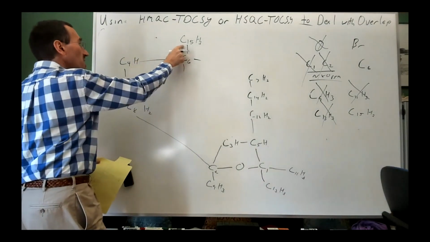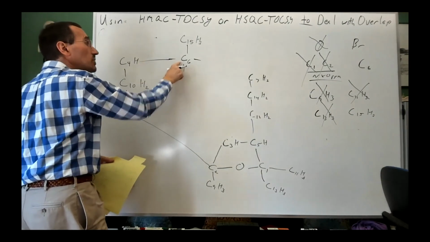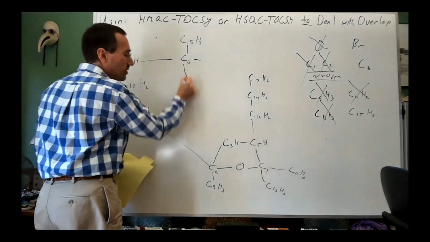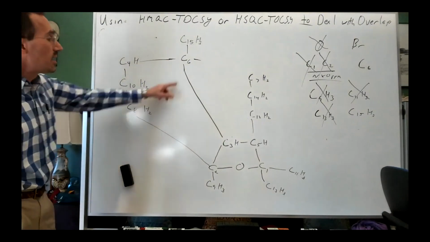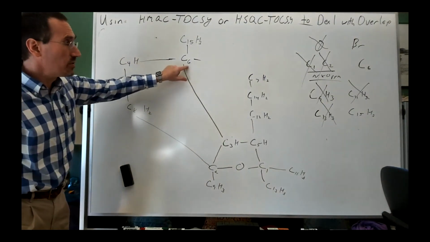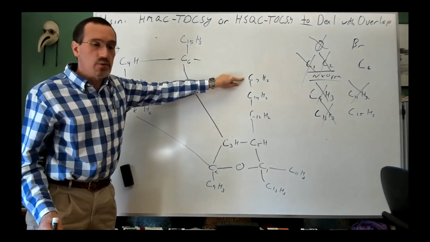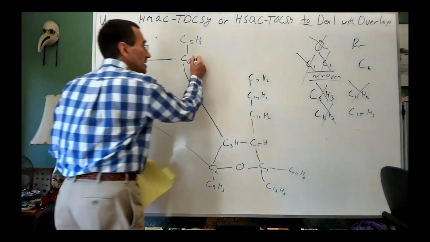Since the methyl group can't be directly on C4, the methyl group is connected to it through C6. We see a cross peak with C3. Again, since it's not directly connected with it, it's got to be connected through C6. We see that somewhat ambiguous cross peak with C7, but again, we have no other place to go.